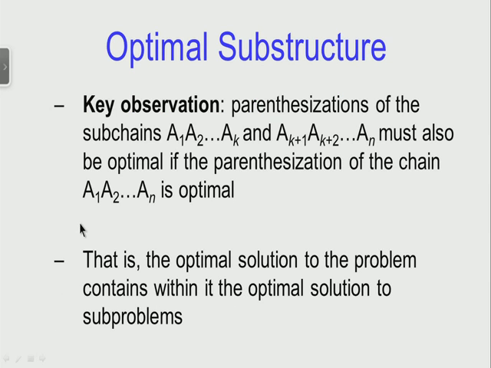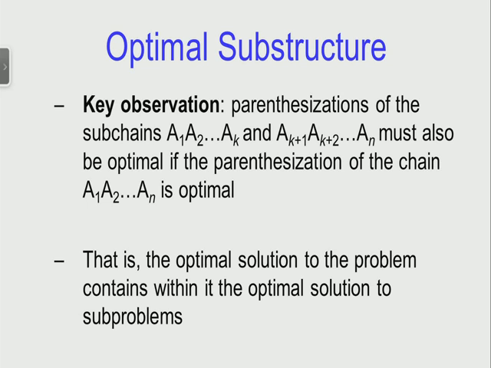The key observation that we make about this whole exercise is that if we consider an optimal parenthesization of the chain A1, A2 to An, then the parenthesizations of the subchains A1, A2 to Ak and Ak plus 1, Ak plus 2 to An will also be optimal. This is the optimal substructure.